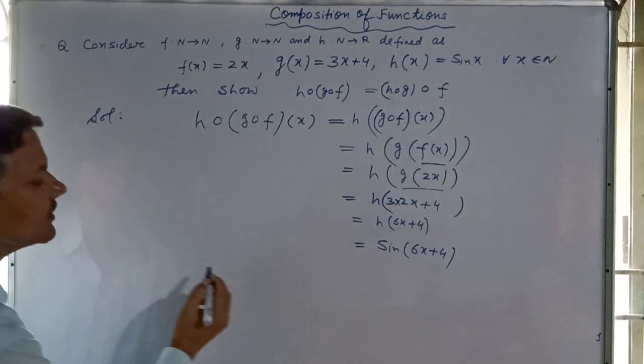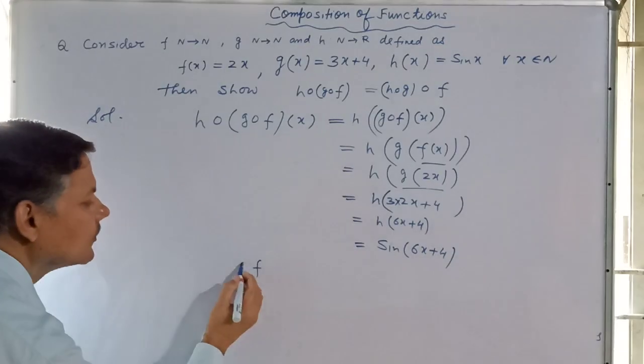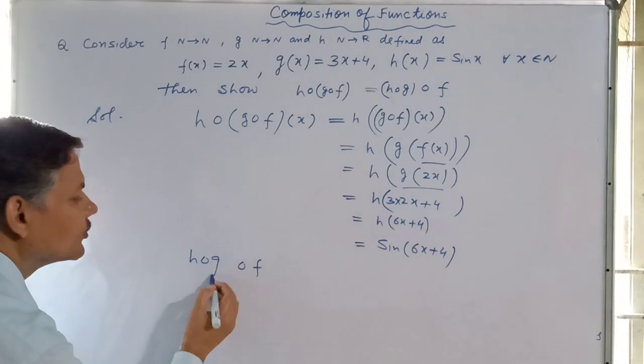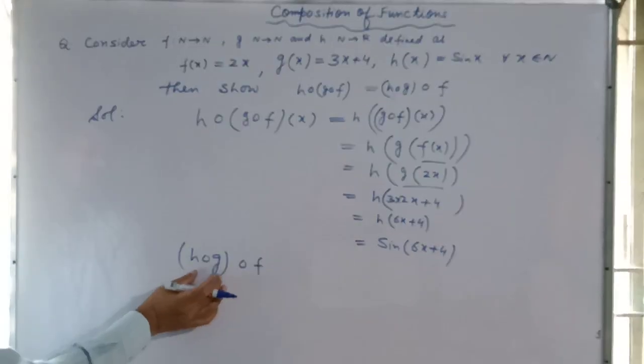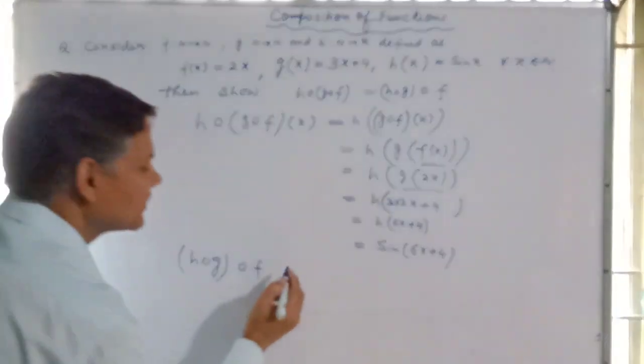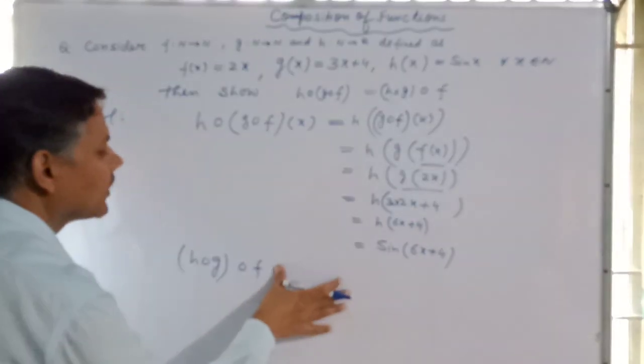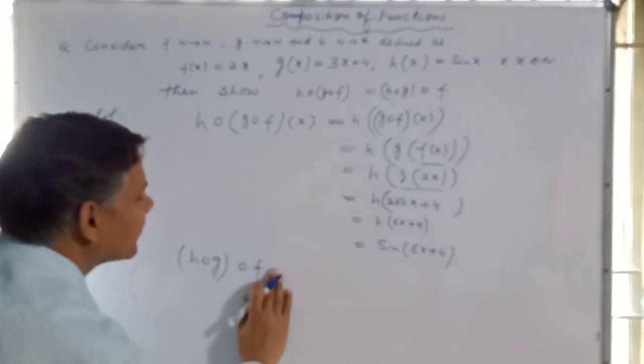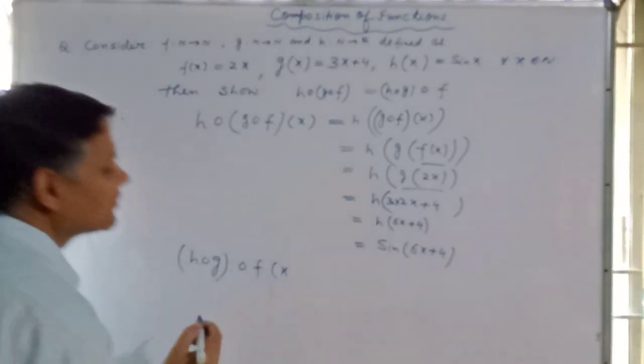At the same time we wish to get the value of f composition (g composition h). It means first we get the composition of these two functions, then we combine with f. Now we take any element of the domain of this function.